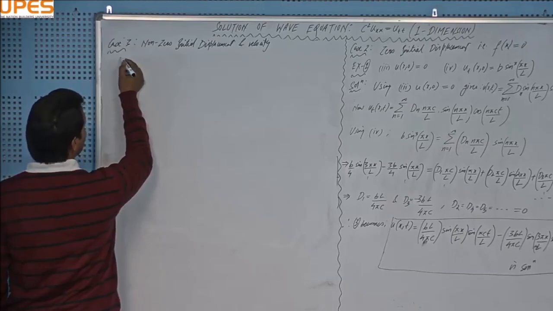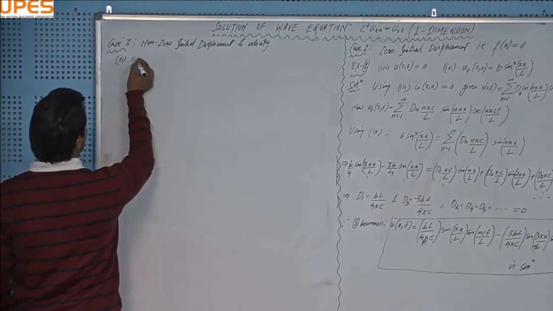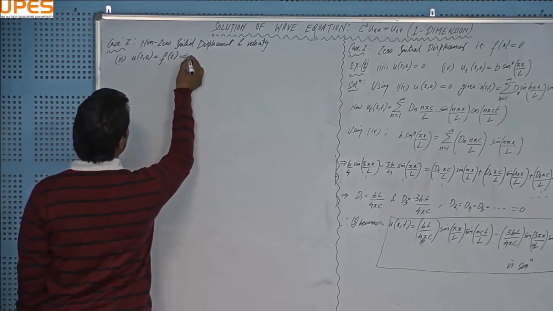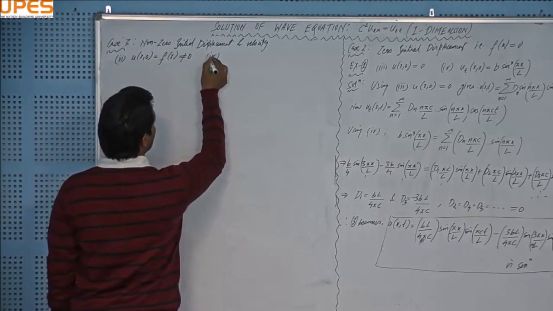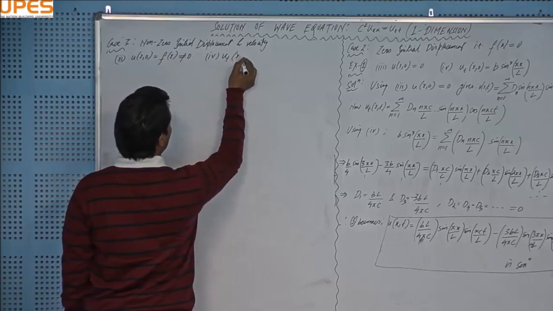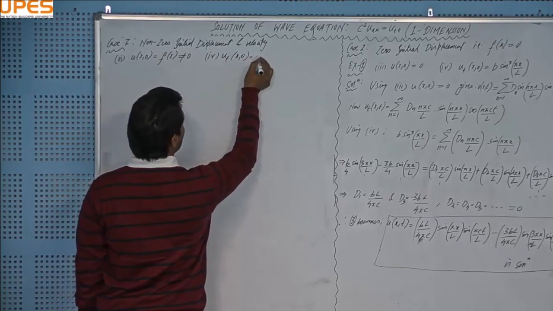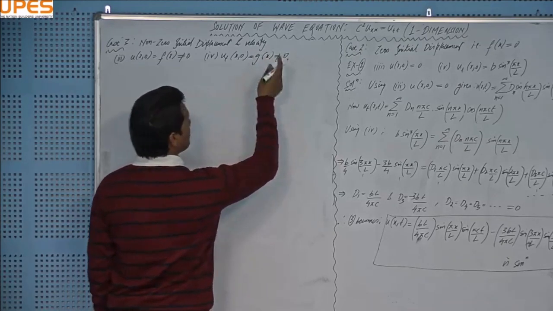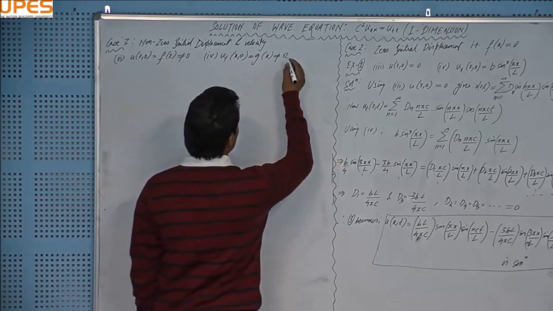my problem will be, the conditions will be u(x,0) is equal to f(x), that is not equal to 0, and the fourth condition will be u_t(x,0), that is g(x), that is also not equal to 0, right? Okay, fine.